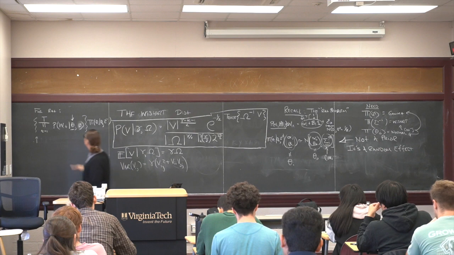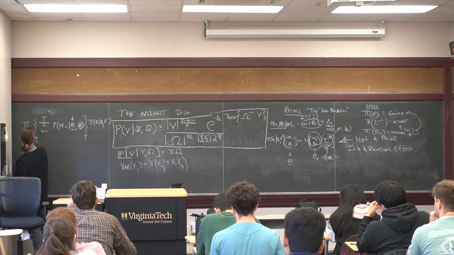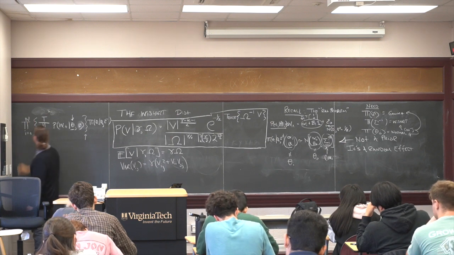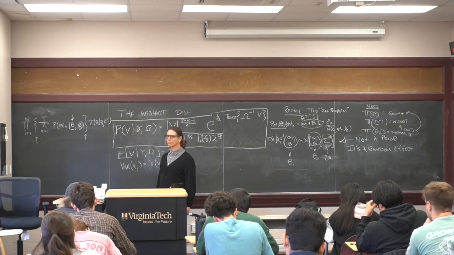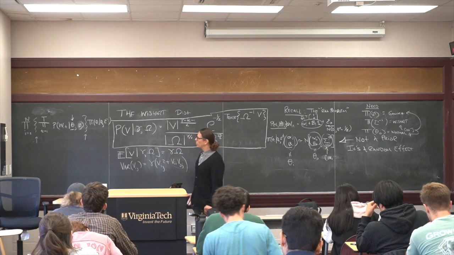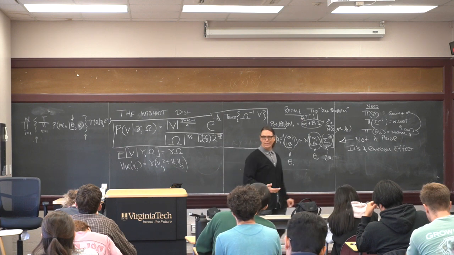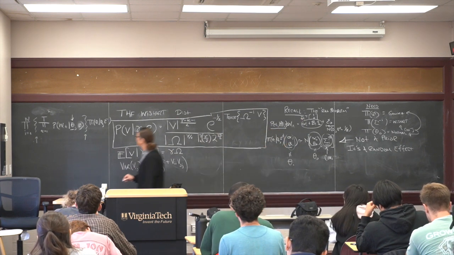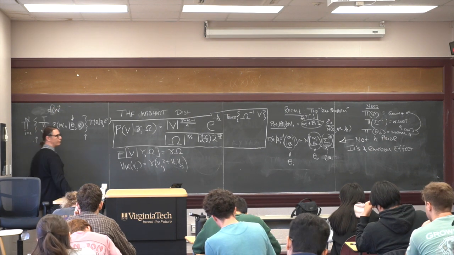Now I need to do this over all the rats. The product over I goes from 1 to n. That's my rat number right there. So just one more product. So that's what I would consider the sampling distribution. I could call this f of w, vector if you will.